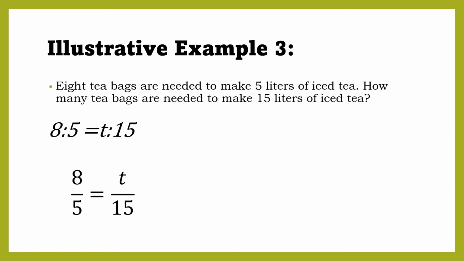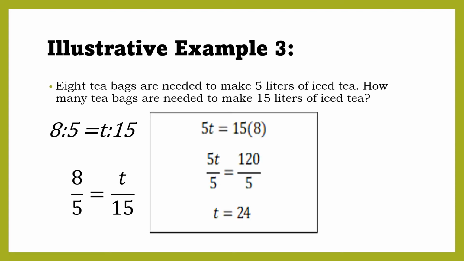over 15. Let's compute. So, 5 times T is 5T is equal to 15 times 8. In order for us to remove the T beside 5, we will divide 5 both sides.